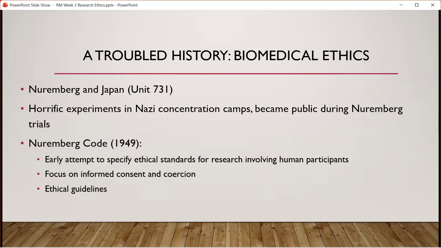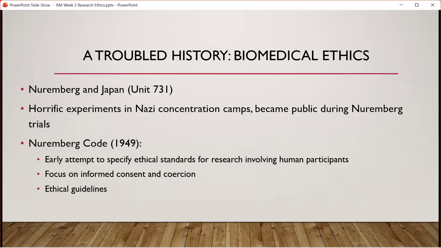Continuing forward, we look into the late 1930s and the 1940s, specifically at Japan with Unit 731, which did horrific, gruesome, brutal experiments on captured Chinese prisoners in the Japanese war against China, and continued partially through their start into World War II.